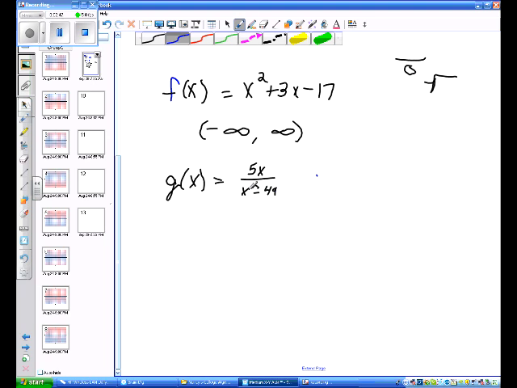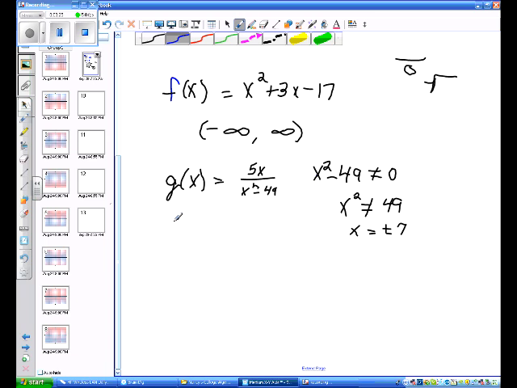So as we limit our domain, we need to think, well, what would make x squared minus 49 equal to 0? Or we can say it cannot equal 0. Well, if we solve this, we would add 49 to both sides. So x squared cannot equal 49. And then taking the square root of both sides, x cannot equal plus or minus 7. So we're going to have to limit those two numbers from our domain. We're not going to be able to use positive 7 or negative 7.